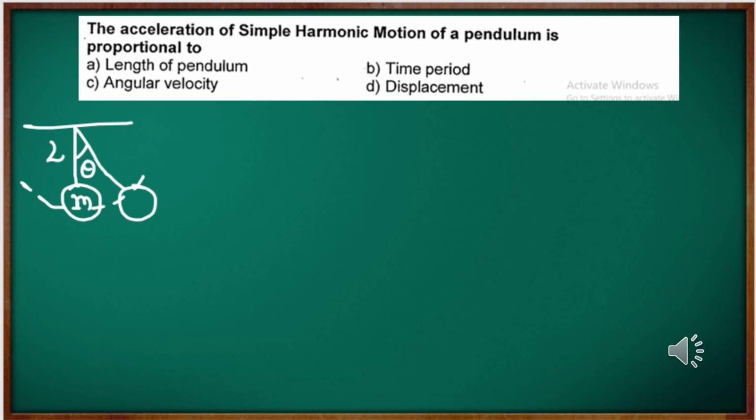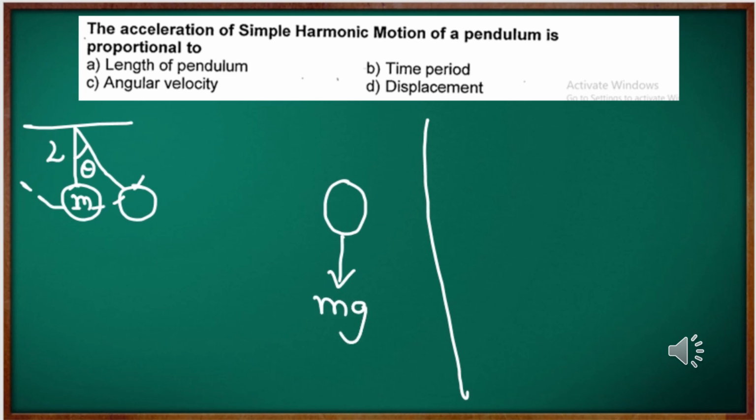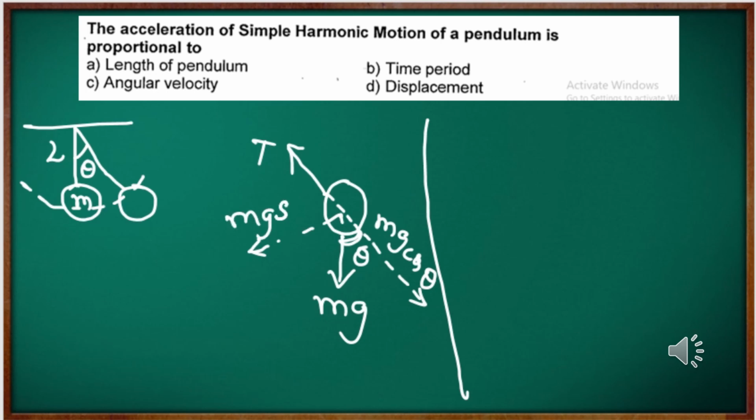So if we draw the free body diagram for that, we will be having weight, which is equal to mass times gravitational constant, mg, which acts downwards, and tension in the string T. If we resolve the weight along the axis of string and perpendicular to the axis of string, we will get mg cos theta and mg sin theta.